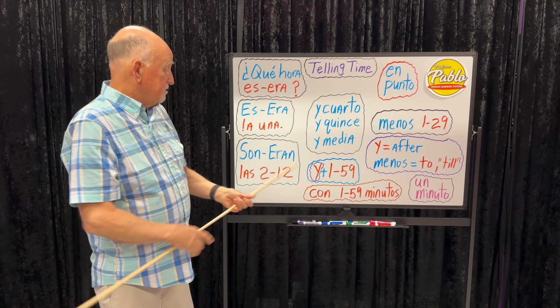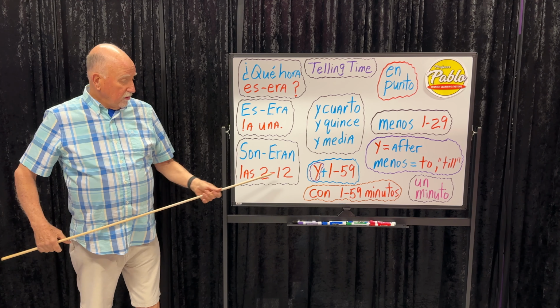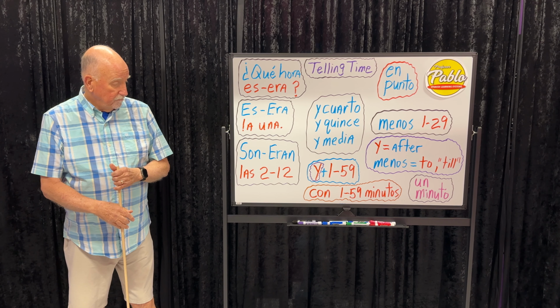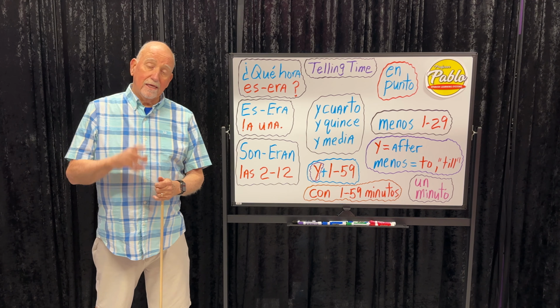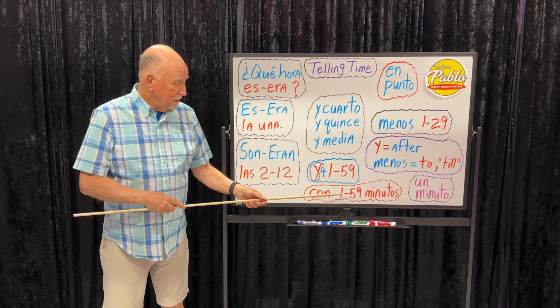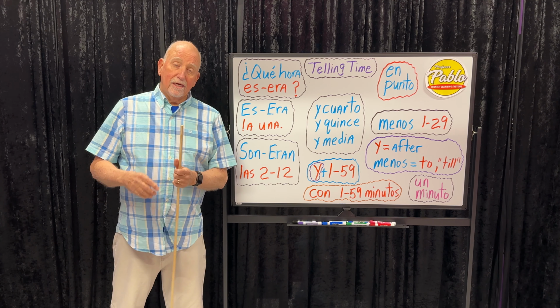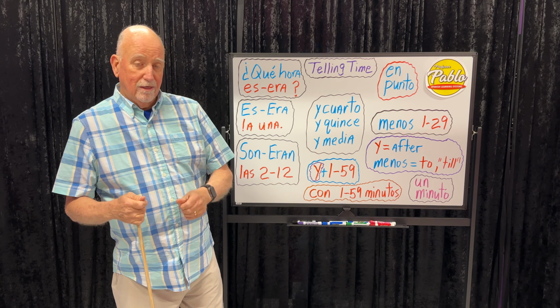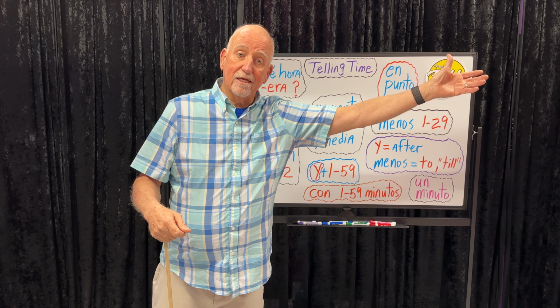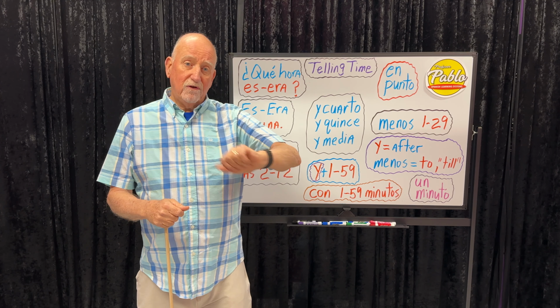Now here's another way of saying time. You can go with minutos on the end. You can say it's 1:10. Es la una con 10 minutos. You'll hear that on the radio. Es la una con 10 minutos. It's 1:10. It's 7:25.